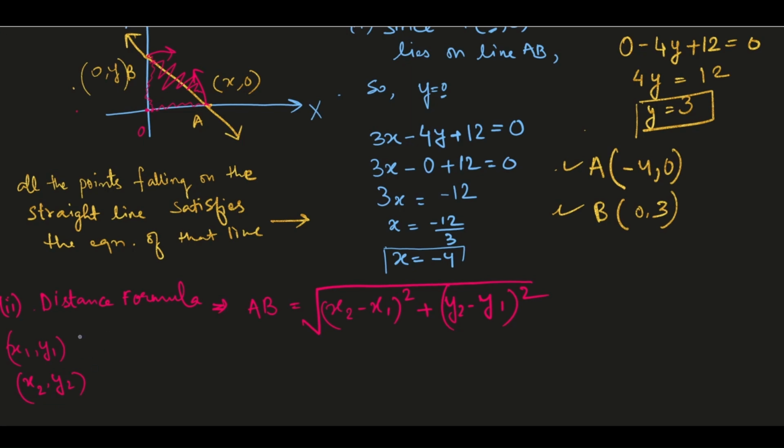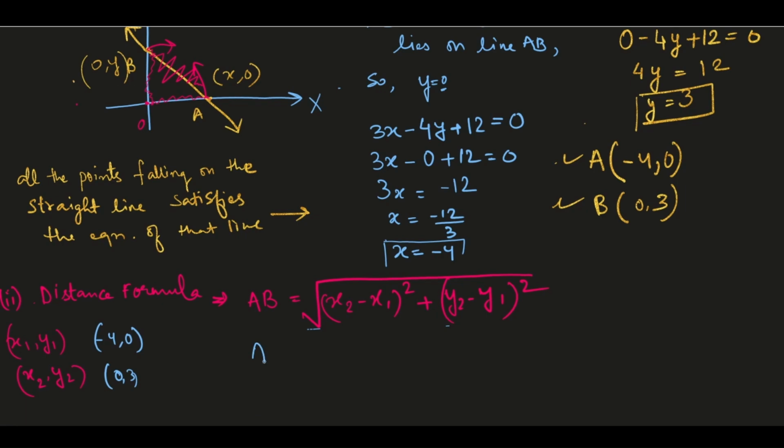x1, what is x1? Let me write the coordinates. -4 comma 0, and then let's substitute the values in AB.